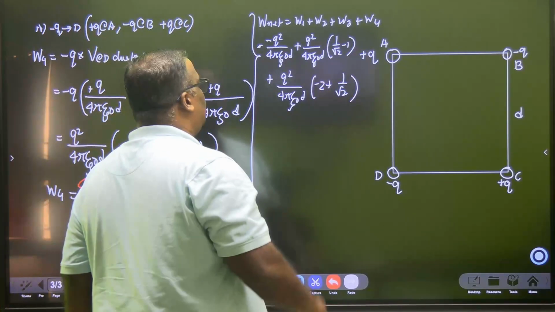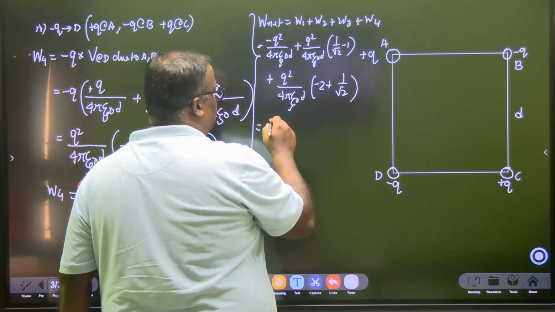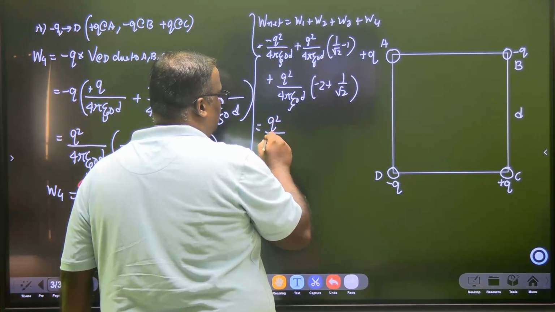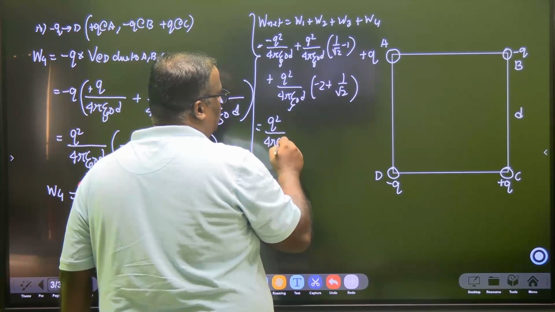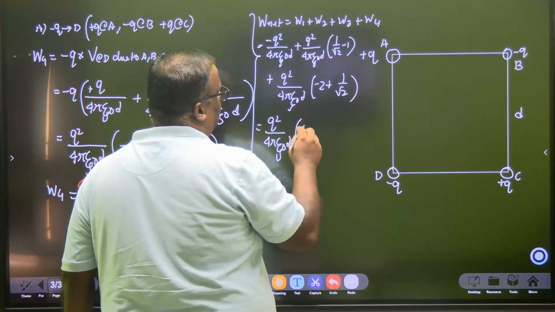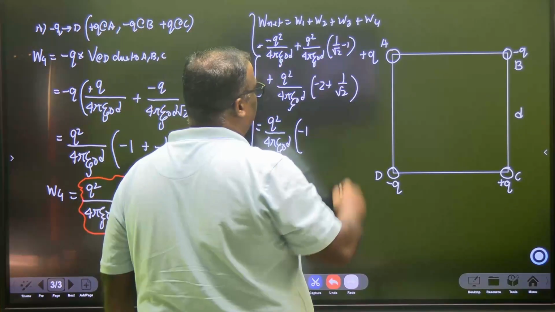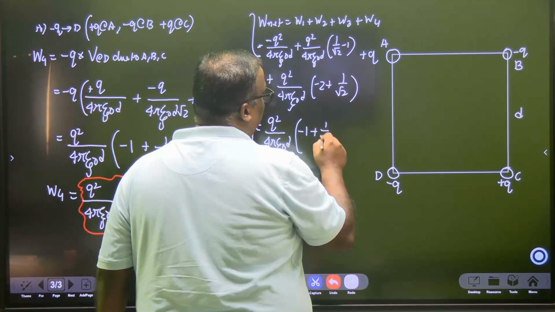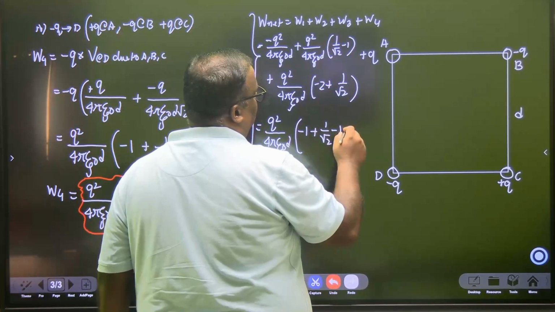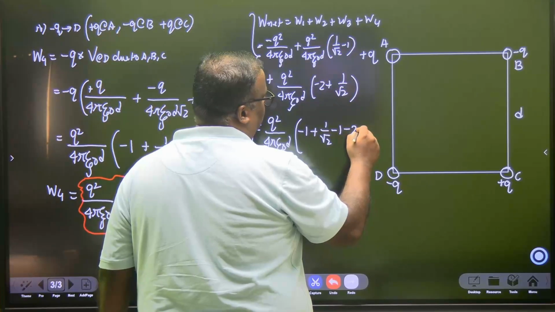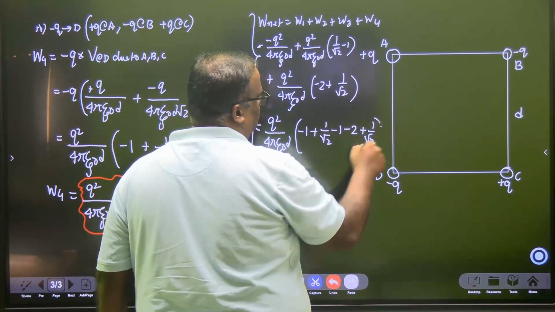So if we take q square by 4 pi epsilon 0 d as common, then we get a negative 1, which will be added with 1 by root 2 negative 1, which will be added with negative 2 plus 1 by root 2.